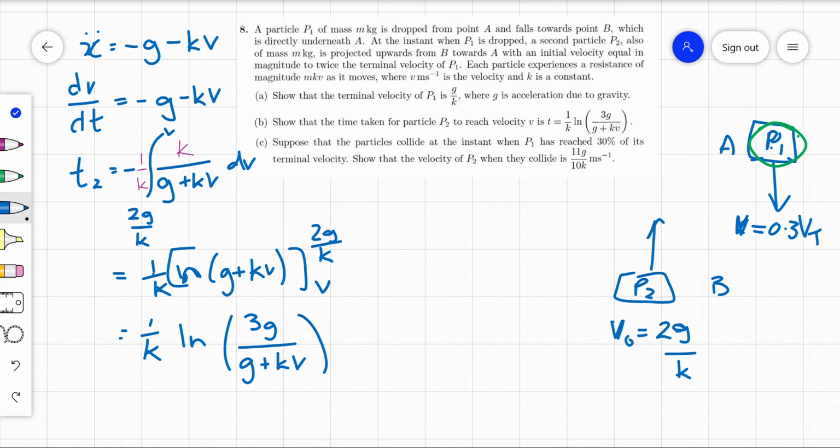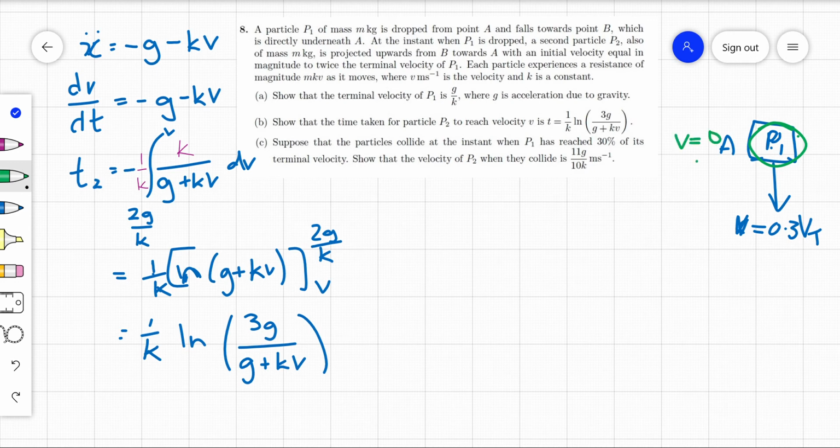Let's go to our P1 equation, and I'll do P1 in green. P1 is going from a velocity of 0 to, because it's falling, 0.3 g on k, or 0.3 times its terminal velocity. Remember its acceleration equation was g minus kv.